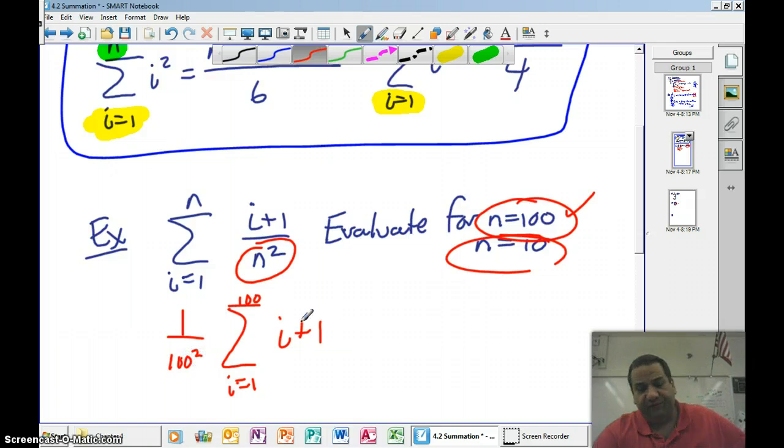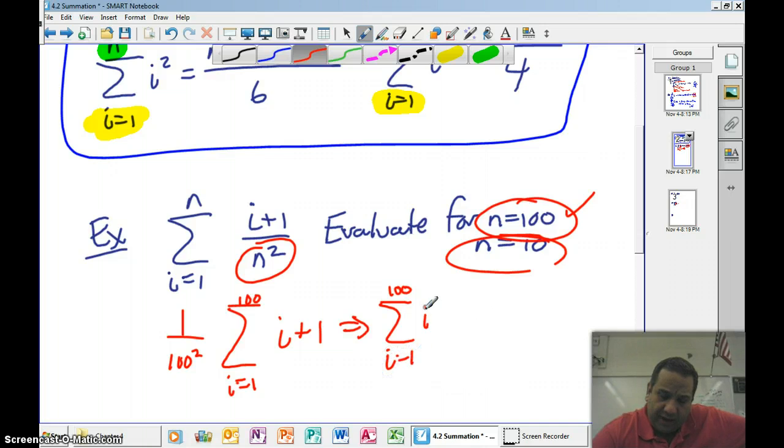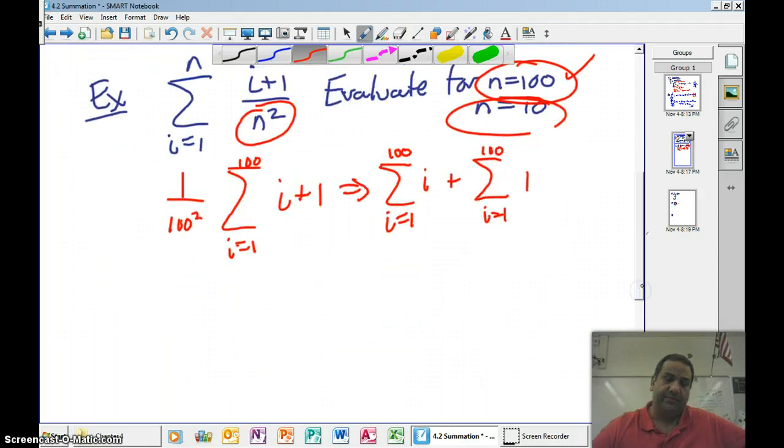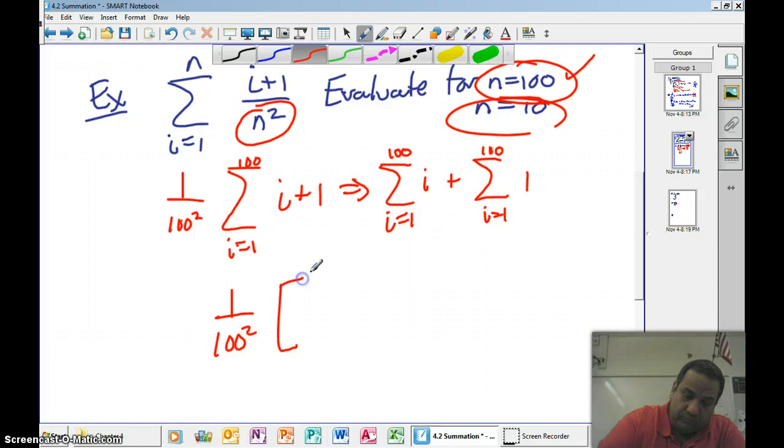Okay. Now let's get a formula for what's going on here. This is the same as 1 over 100 squared times the sum for i equals 1 to 100 of i, plus, we'll distribute, almost like distributing the sigma, the sum of 1. Well, we learned that this is still 1 over 100 squared times, well, this is n times n plus 1 all over 2.